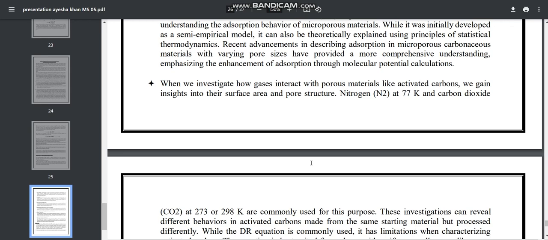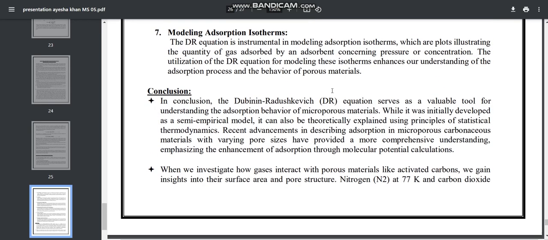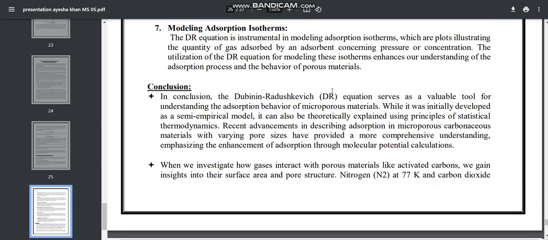In summary, the DR equation is a useful tool for understanding how gases interact with microporous materials. It was initially developed as a semi-empirical model but can also be explained theoretically. Recent advancements have enhanced our understanding, emphasizing adsorption improvement through molecular potential calculations.